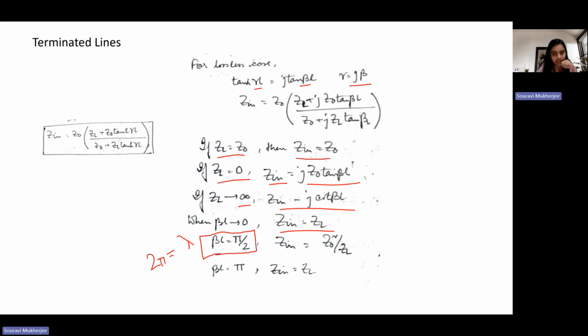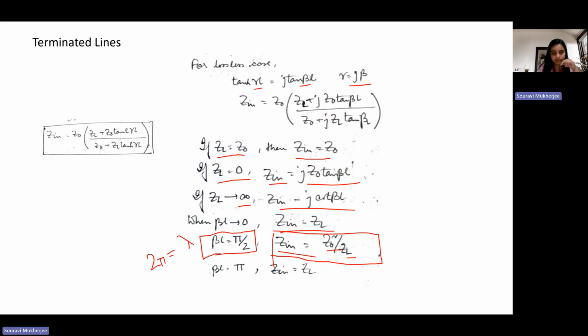So in that condition, Zin becomes equal to Z naught square by ZL. And this is a very popular and extensively used form. So this is how you can see that now the characteristic impedance and the load impedance govern the impedance at the source.